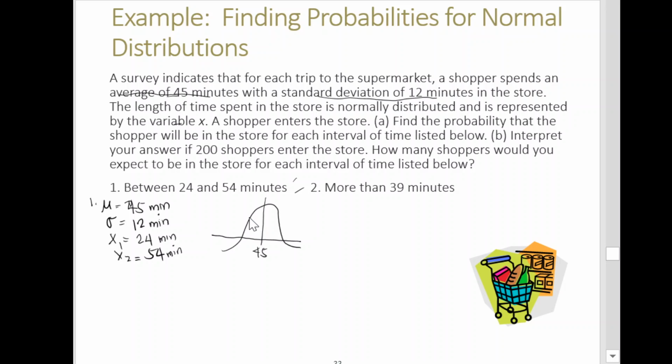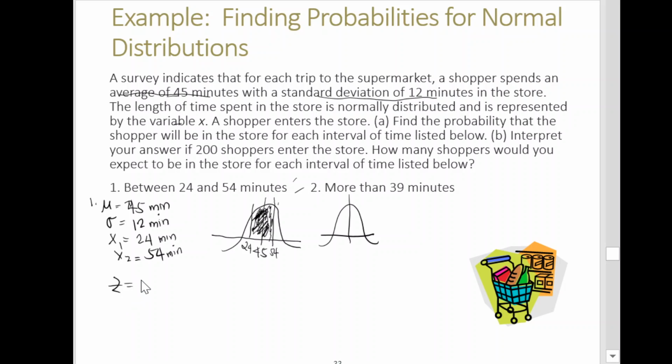It's looking for 24 to 54, which is near 45. This is the area it is looking for. What is the probability, or area, of this part? Let's convert it to the standard normal chart. We need the Z value, so we have to compute for the Z value.